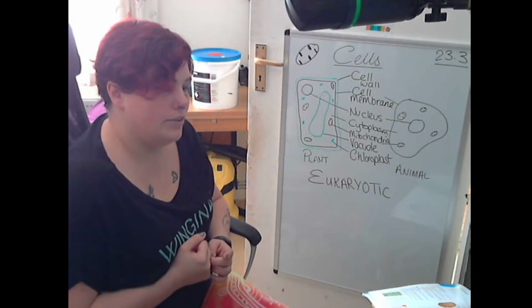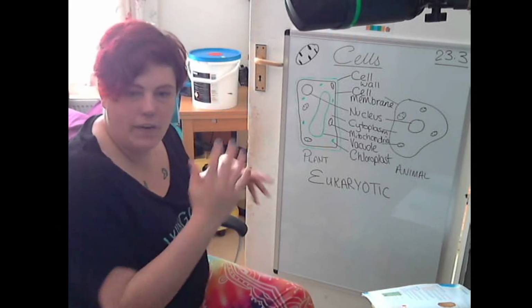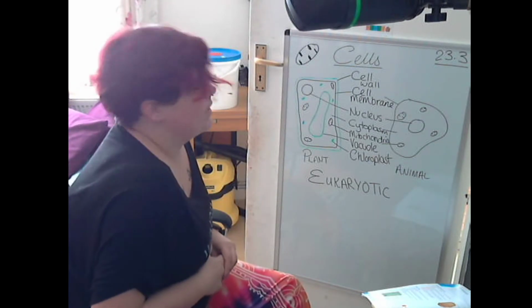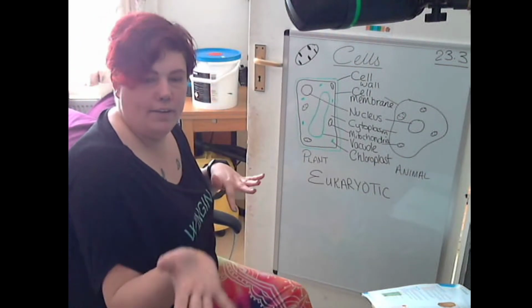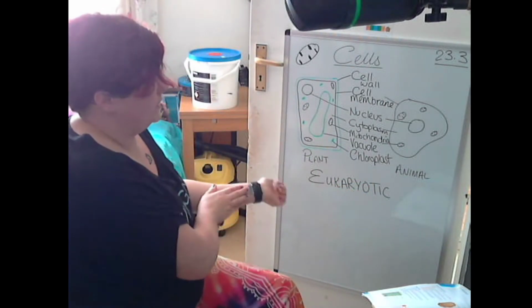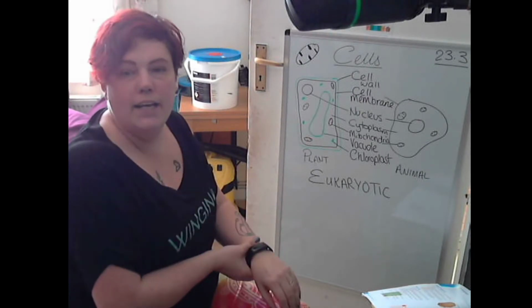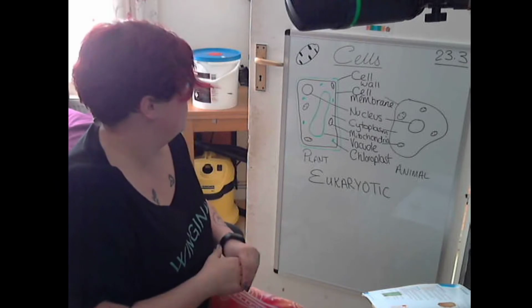When you start looking at classifying living things according to phylum, order, class, genus, species, that sort of thing, you get eukaryotes and prokaryotes. Okay, plant cells, animal cells, they are eukaryotic. They are the cells from things that are classed as eukaryotes.